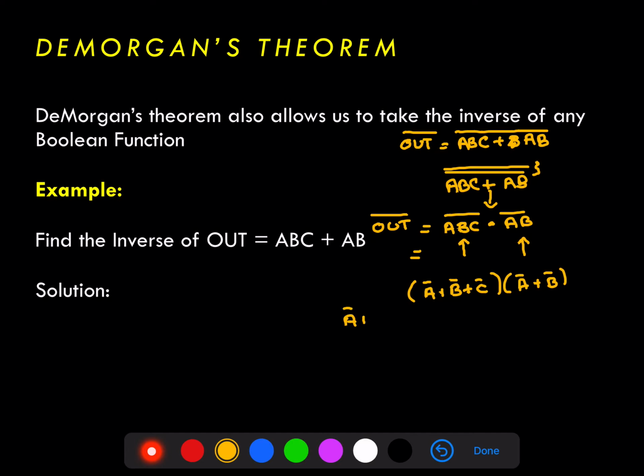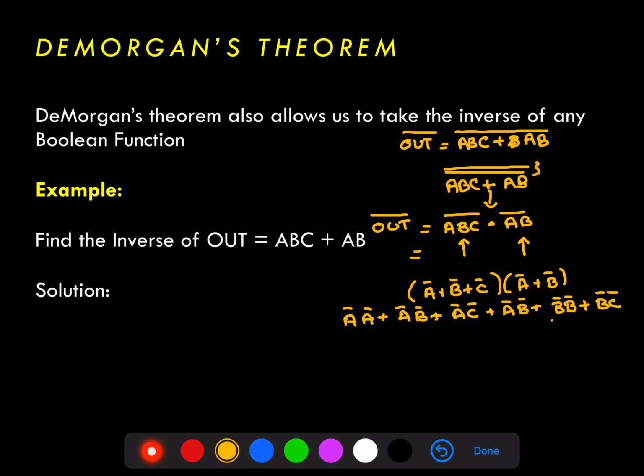We'll get A naught or A naught B naught or A naught C naught or A naught B naught or B naught B naught or B naught C naught. Now there are quite a few things we can simplify here.